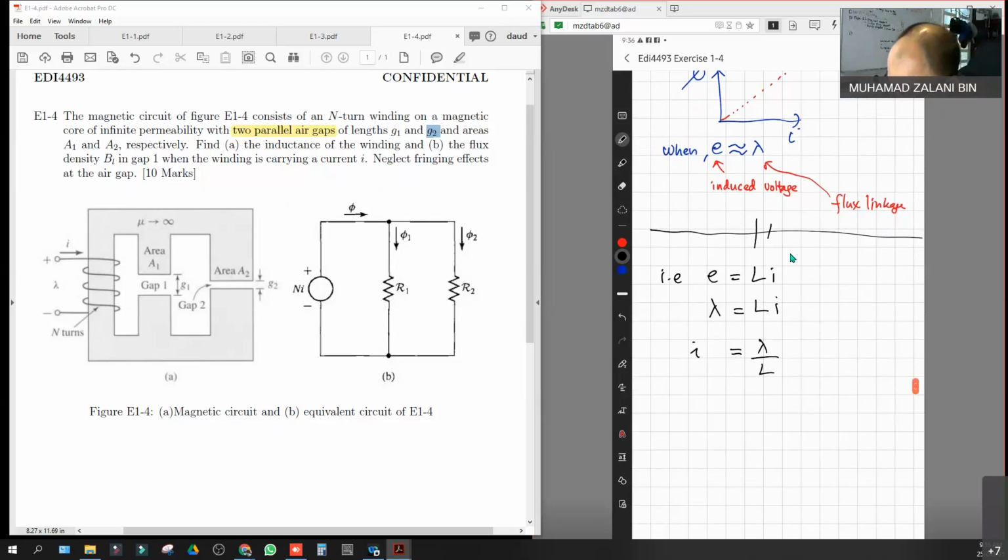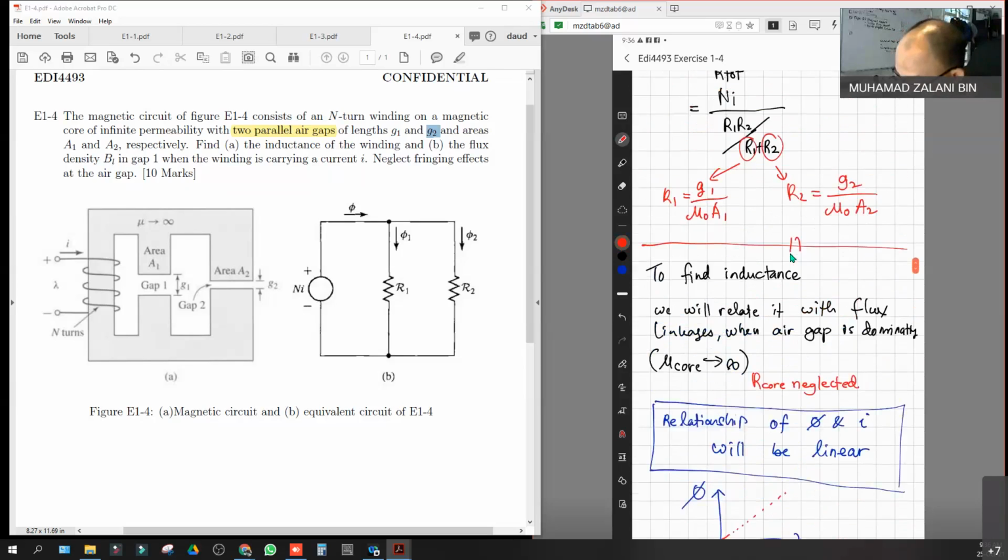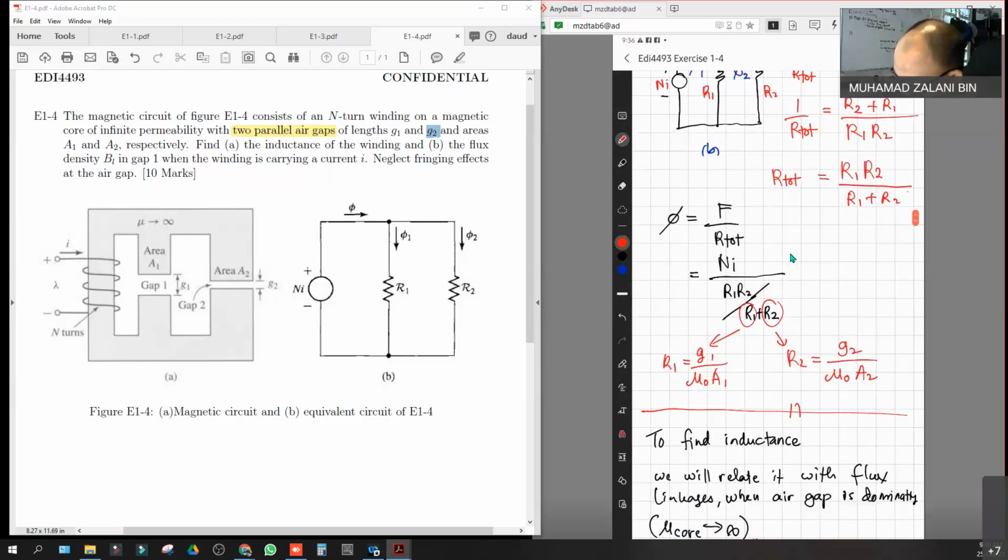Or if we want to find L, it is lambda by I. So jadi kita dah ada, L equals lambda over I. So we want to find phi using this equation.